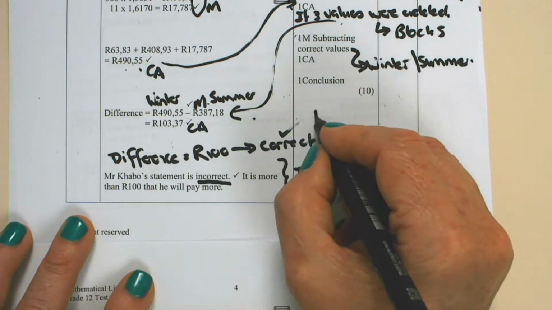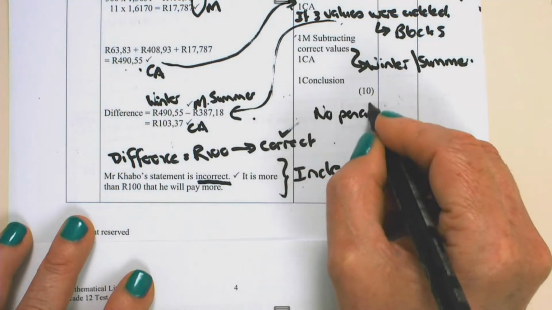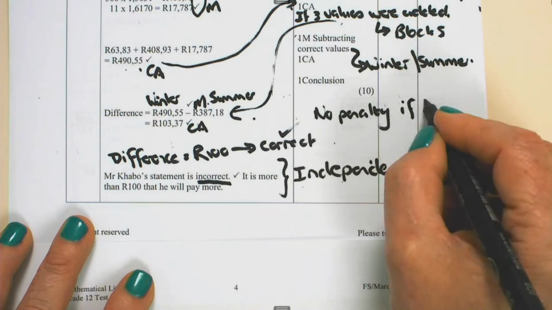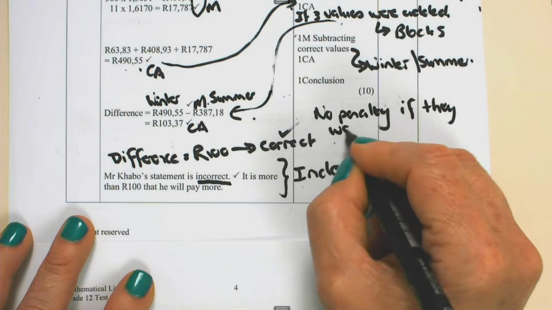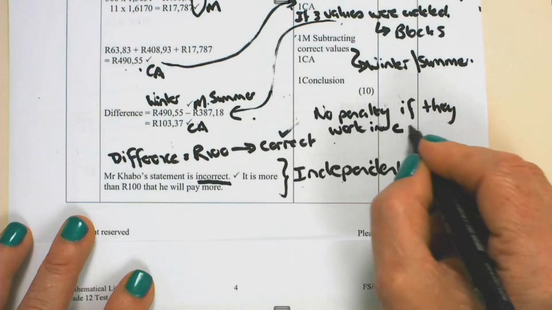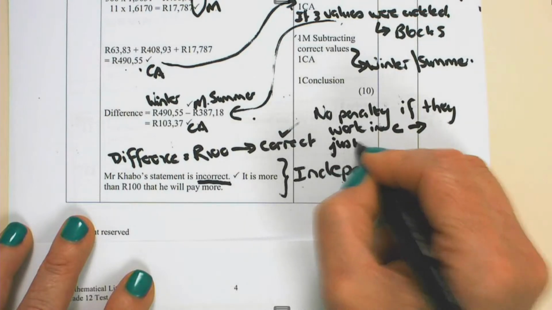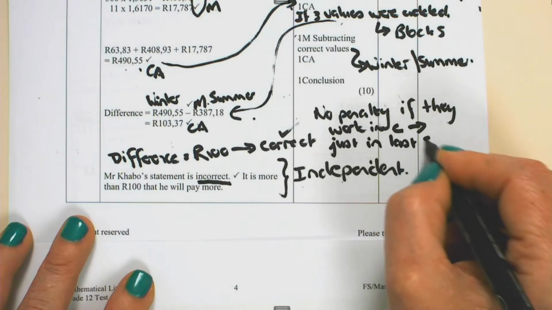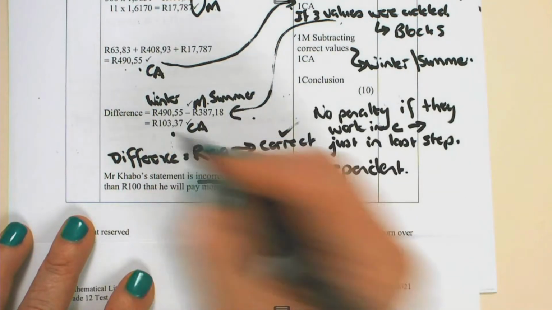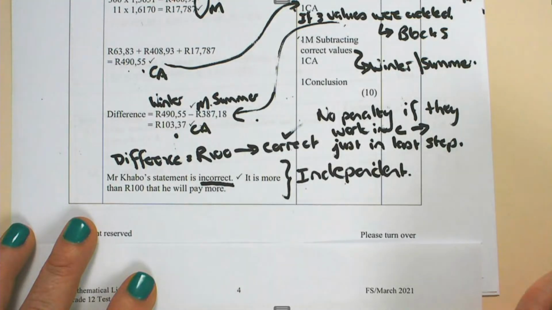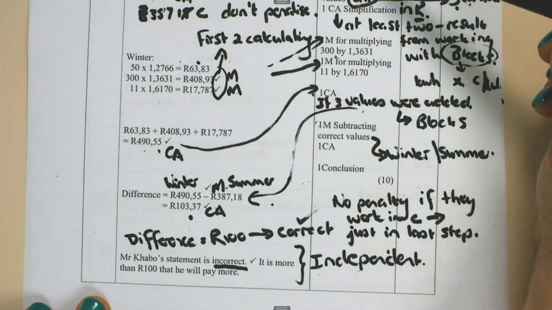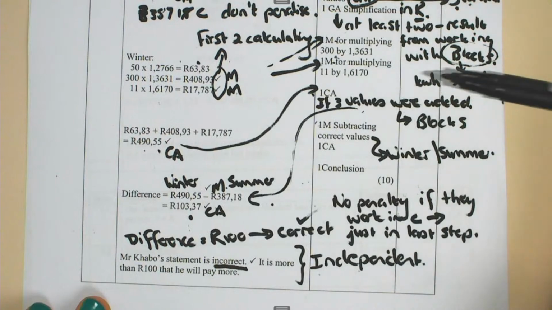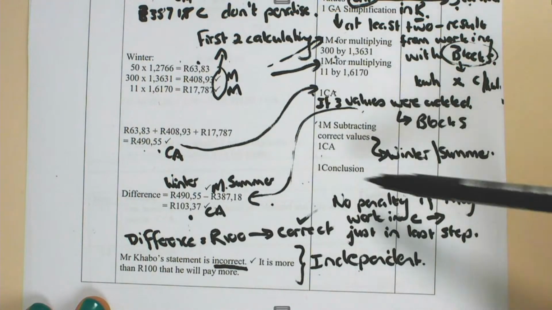So no penalty if they work in cents, just in the last step, so that they are able to compare. They must give this answer in the rand, because it is given that he made a statement about an amount in rand.